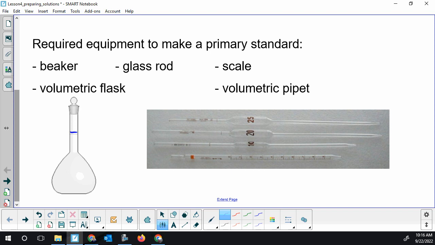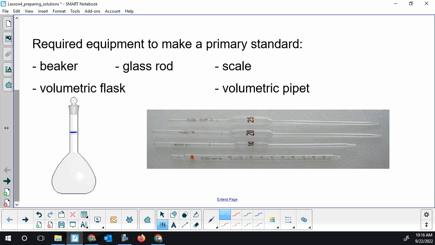Every time a glass blower makes a shape out of a piece of glass, it's never going to be exactly the same, so you can't just have a machine easily throw these lines on. That line has to be calibrated so that the bottom of the meniscus of the liquid, of the water, has to be right at that line. The liquid is going to stick to the sides of the glass, so the sides of the liquid are going to go up a bit, but the very bottom of the liquid is where we measure.